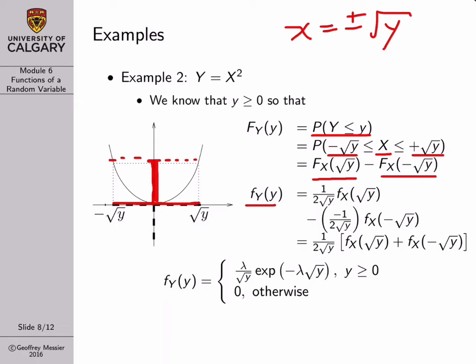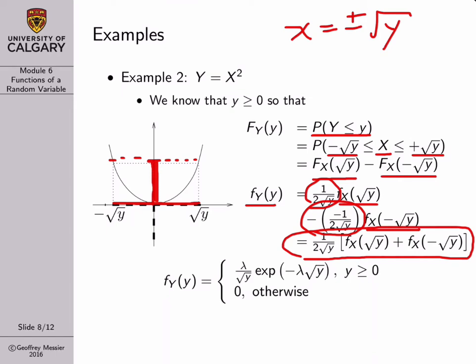So we have f of x with positive root y as our argument, f of x with negative root y as our argument, and then we just have 2 different scaling factors out front. This is the final general expression for the PDF of y.